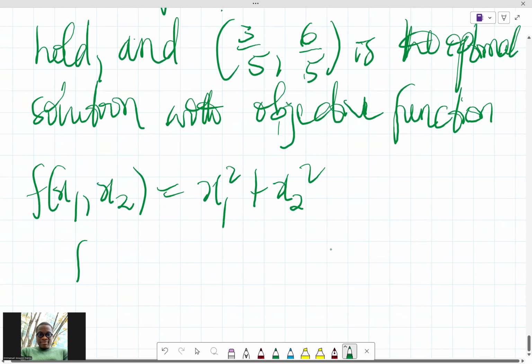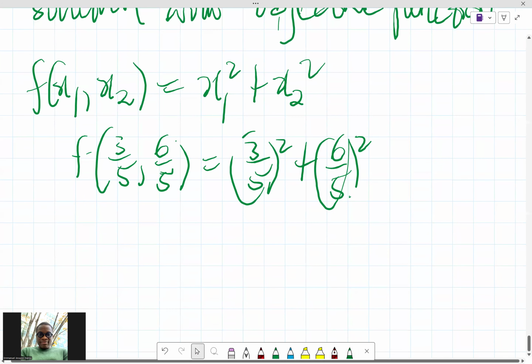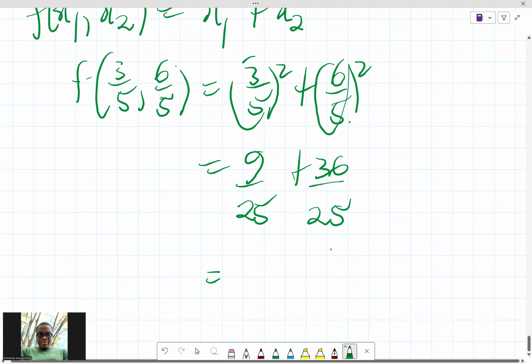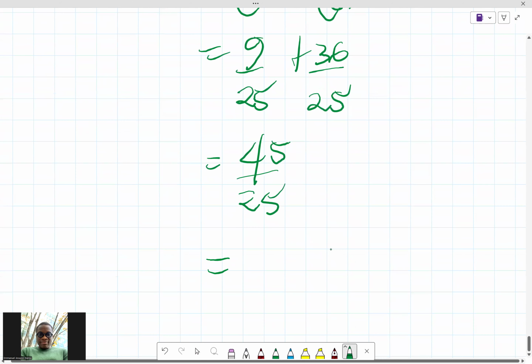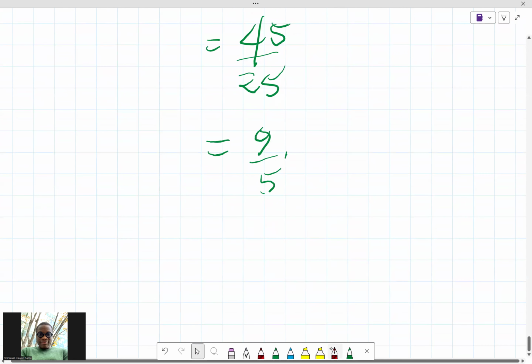So that simply means that f of 3 over 5, comma 6 over 5 is equal to 3 over 5 squared plus 6 over 5 squared. So which is 9 over 25 plus 36 over 25, which is simply the same as 45 over 25. And that is 5 up there is 9, 5 down here is 5. So that's 9 over 5. Okay. So that's what we get there. So that is a feasible situation.